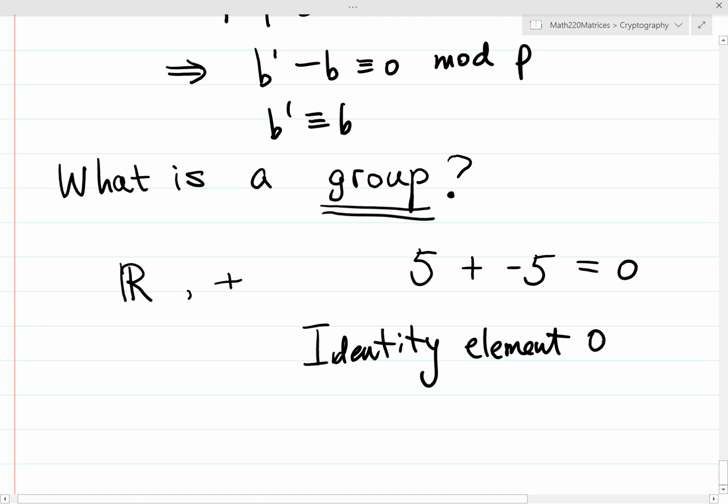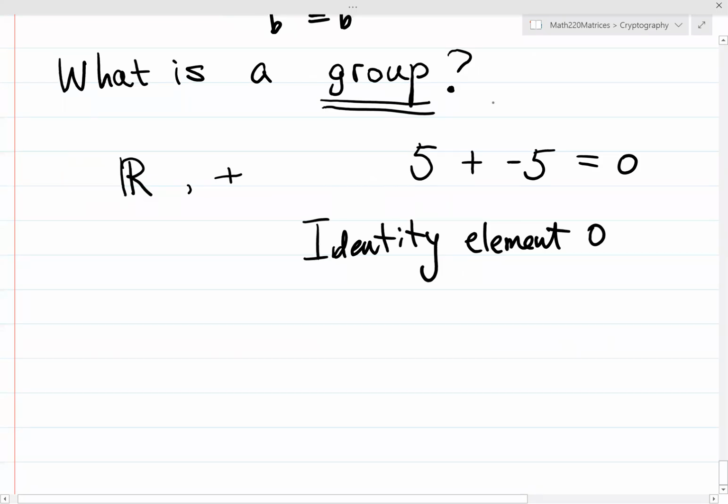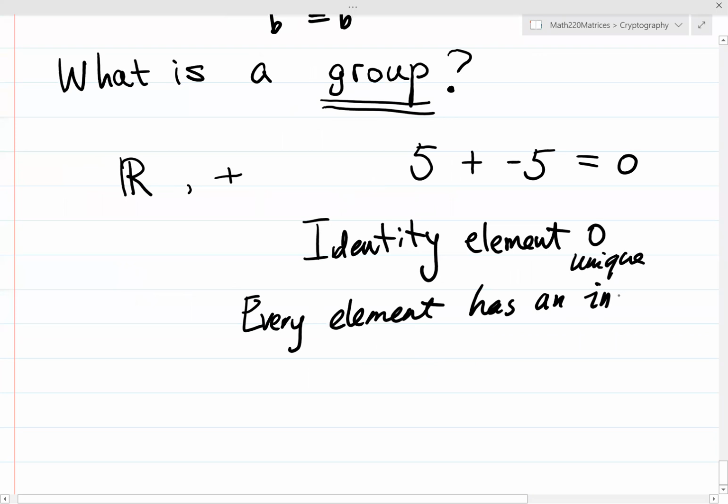If you add the identity element, there's no change. So every element has an inverse, a unique inverse.